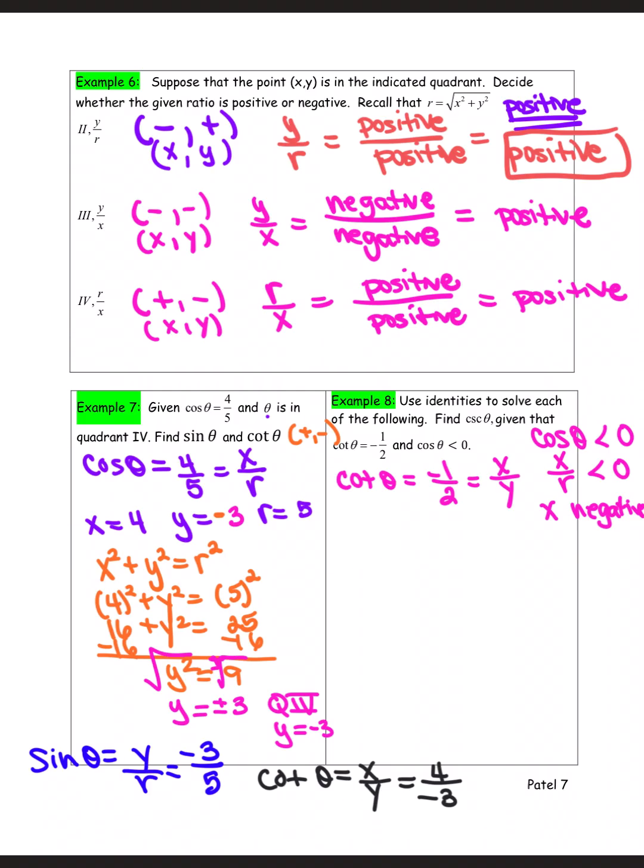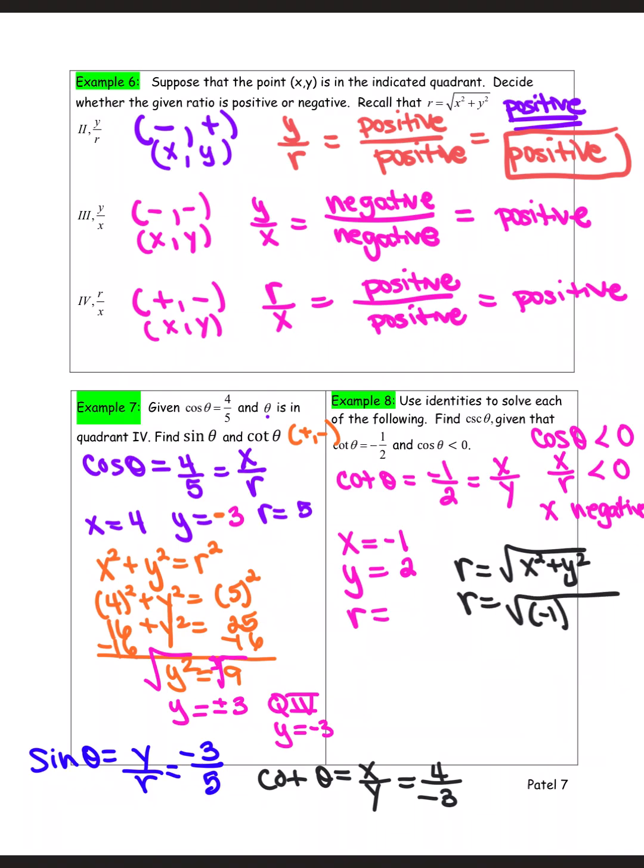So because it's saying that x is negative, then we know that x is negative 1, y is 2, and we can find r. We're going to say r is equal to the square root of x squared plus y squared. Make sure you put your parentheses around the negative 1 plus quantity 2 squared.